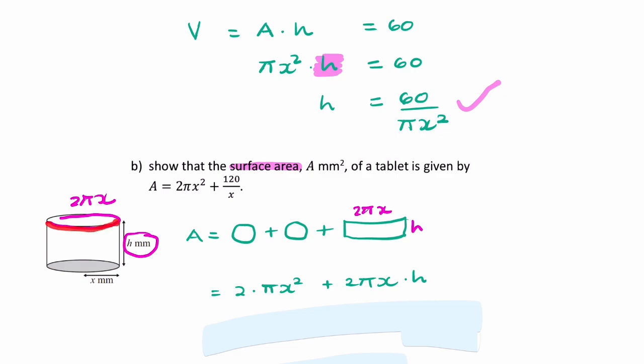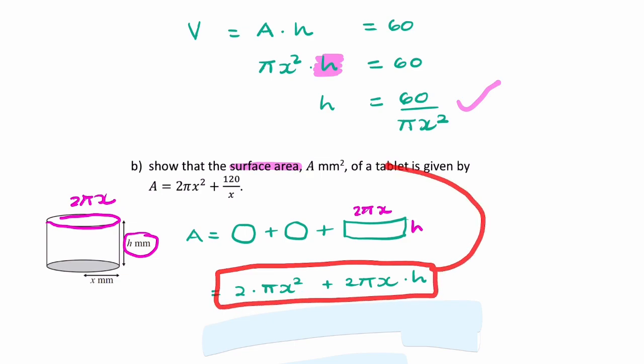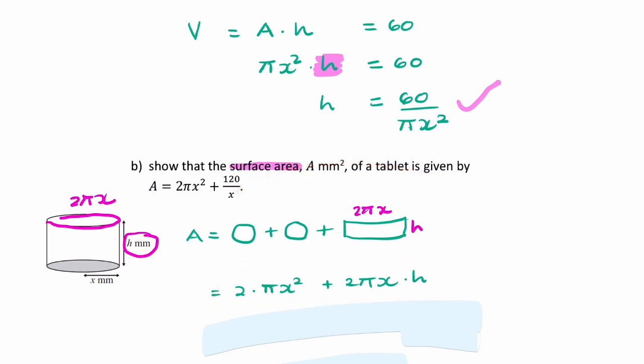If you unwrap this, it'll be a rectangle with length 2 pi x and height h. So if you just multiply those two, that'll give you the area of this rectangle. So this is our area, but it doesn't look like that. The reason is because we have this variable h, and here we don't have h.